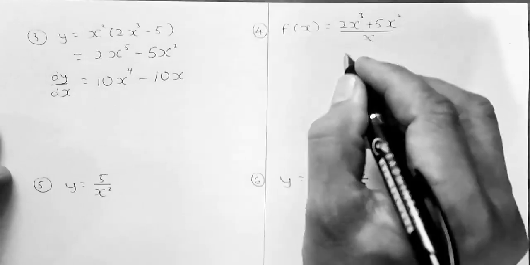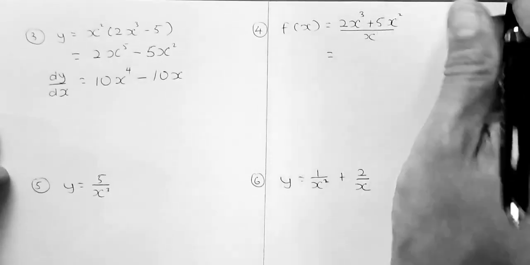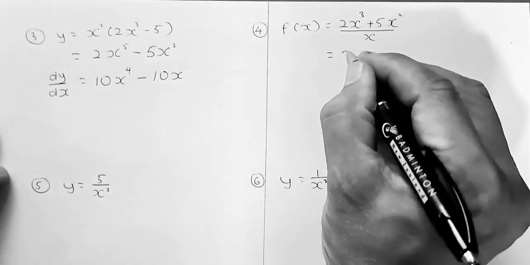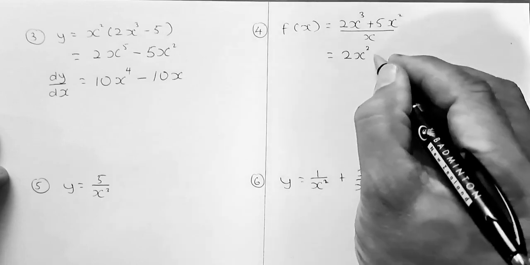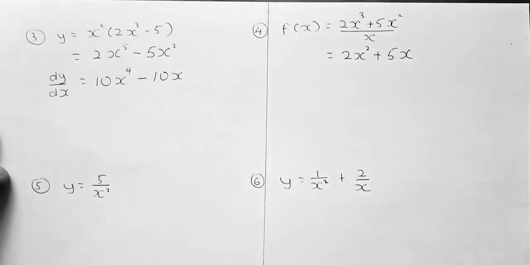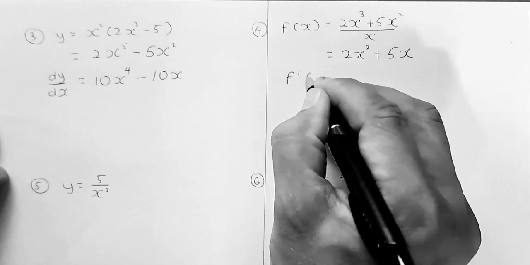Okay, now we look at number 4. We have a function f(x), so we simplify this function first. You can break them down, this and that. So 2x cubed divided by x is actually 2x squared, and then 5x squared divided by x is going to be 5x. Just one term after another. Now you can differentiate, the term you use is f'(x).